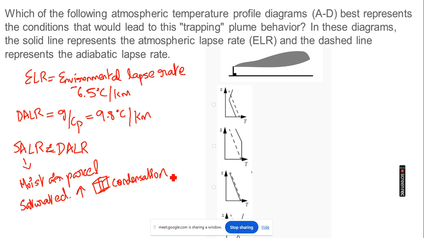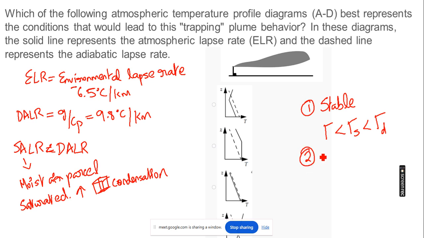And then we learned about three different stability conditions. First one was the stable atmosphere. In a stable atmosphere, the environmental lapse rate was less than the saturated adiabatic lapse rate and dry adiabatic lapse rate, which means the temperature in the atmosphere has a lower rate of decrease compared to that of the dry and moist air parcel.